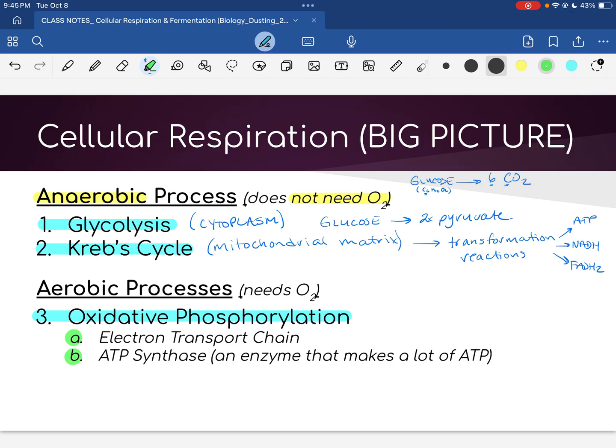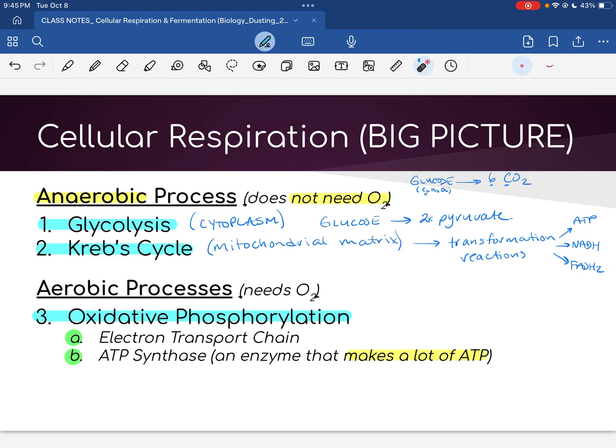But really what we're going to get out of this process is heaps of ATP. This last process makes a lot of ATP. The first 2 processes make some ATP, but not a lot. So glycolysis and the Krebs cycle do make some ATP, but they don't make a lot of ATP.